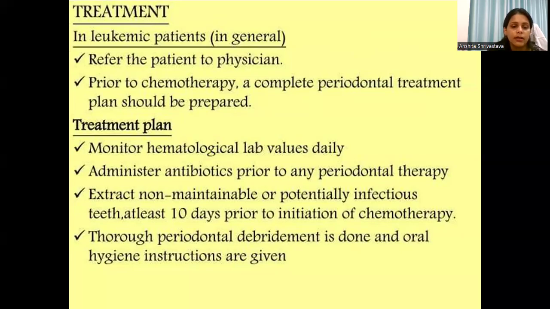First is to monitor hematological lab values daily, administer antibiotics prior to any periodontal therapy, and extract non-maintainable or potentially infectious teeth at least 10 days prior to initiation of chemotherapy. Thorough periodontal debridement is done and oral hygiene instructions are given to the patient. So you will go one by one in the treatment plan, and before planning a treatment, you will refer the patient to the physician, then only you can go for the treatment.